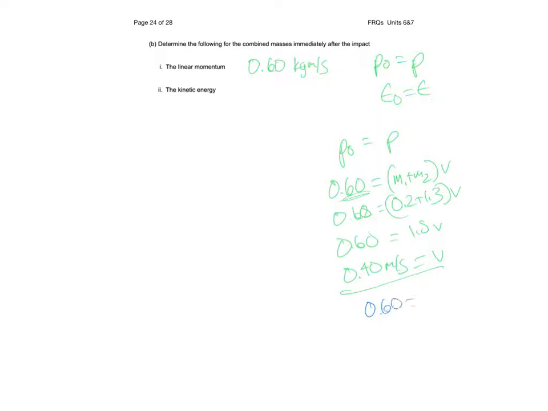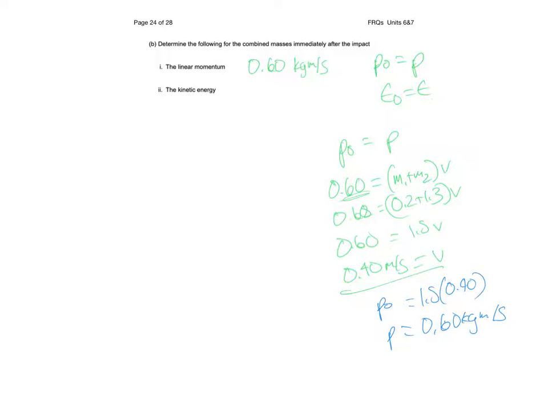So 0.60 equals 1.5 times v. Let's just see that it equals the 0.60. So what is that momentum equal? We had 0.40, and sure enough, we get 0.60 kilogram meters per second.